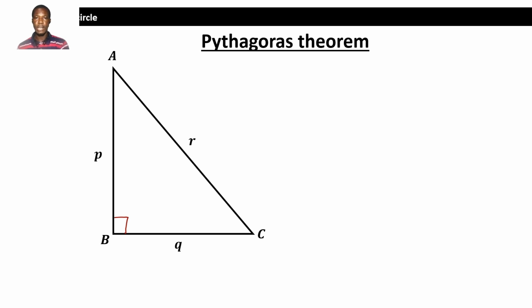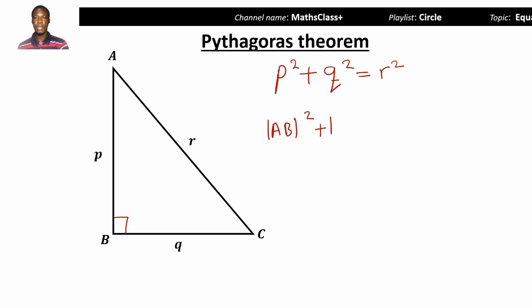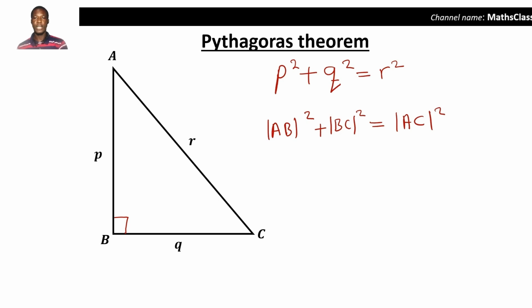So that is P squared plus Q squared will be equal to R squared. That is what the theorem says. Or if you want to use the side as the length, AB squared plus the length BC squared is equal to the length AC squared. So this is the Pythagoras theorem.